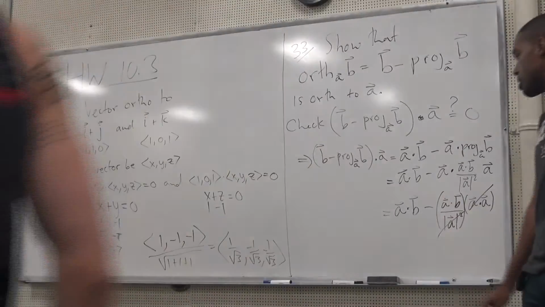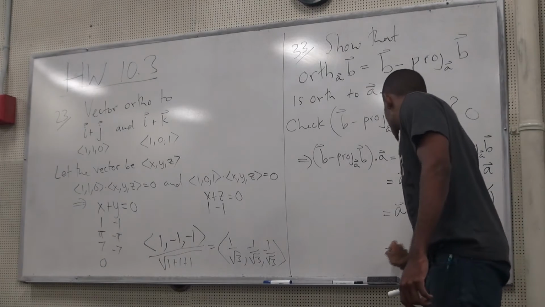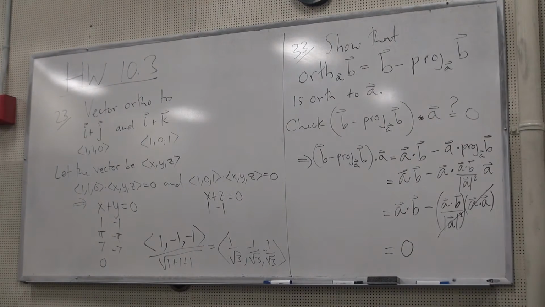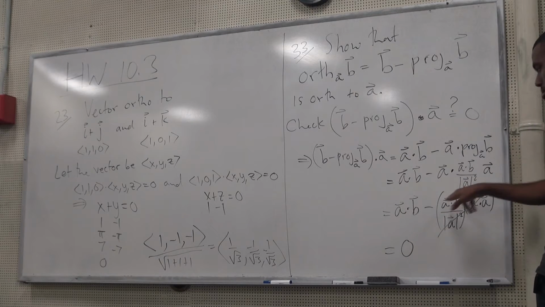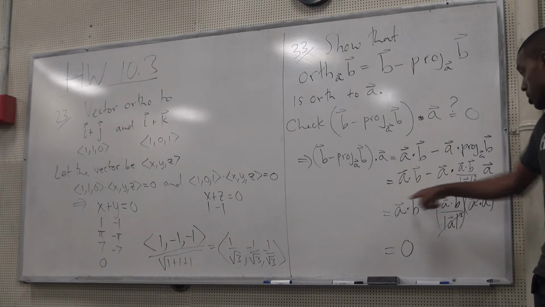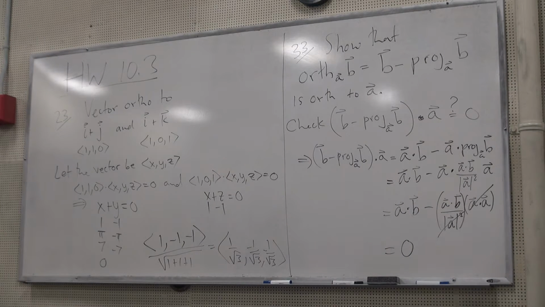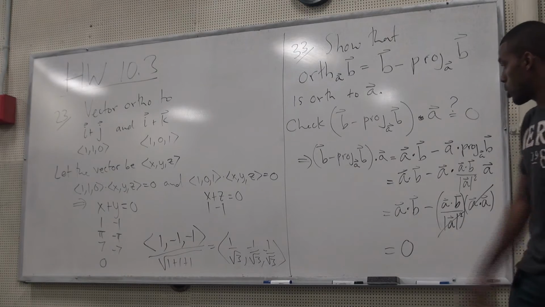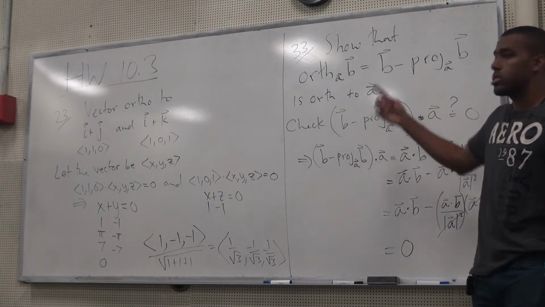So this will cancel that, and you end up with A dot B minus A dot B, which gives you 0. And A dot B is a scalar, which is why you get the scalar 0. If you're subtracting two vectors, you get a vector 0, but these are scalars here. So we've shown that if you dot product this with that, the result is 0. It means they're orthogonal.